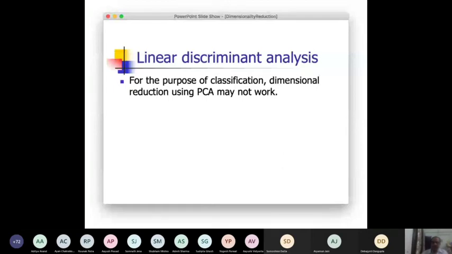Rather, you are trying to get the direction on which, if you project those points based on your class levels, they should be well separated. That means data points of different classes should be projected while maintaining separability. They should be distinguishable. Is it clear? Is there any query?